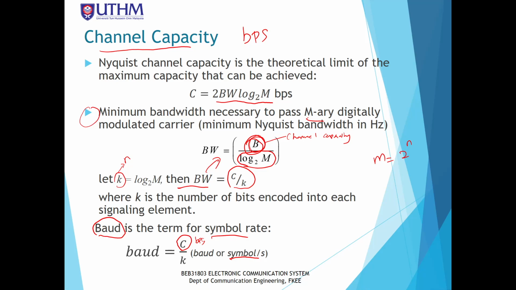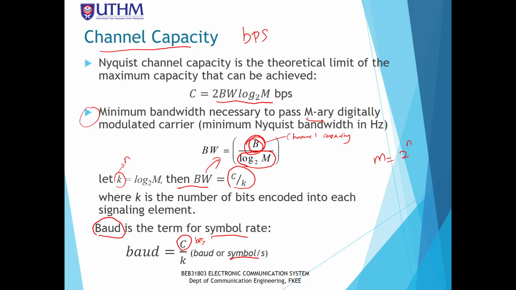Okay, the bit rate is defined as the speed of transmission to transmit bits. Baud is also a speed of transmission, but in terms of symbols per second. We calculate the speed of transmission based on how many symbols we are able to transmit.